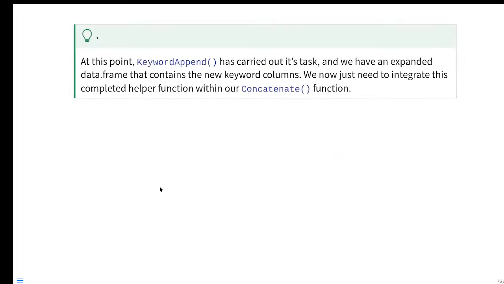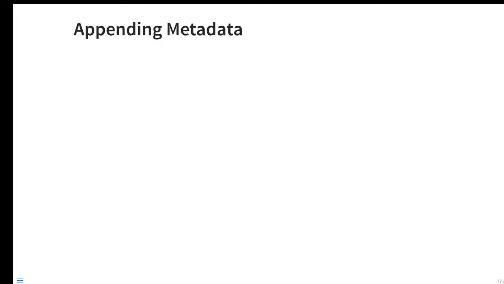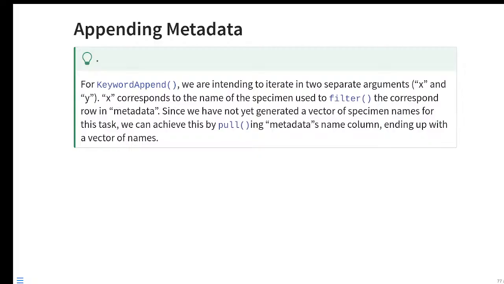So at this point, keyword append function has carried out its task, and we have now an expanded data frame that contains the new keyword columns. So we just need to be able to integrate this now completed helper function into our already present concatenate function. So for keyword append, we are intending to iterate in two separate arguments, x and y.